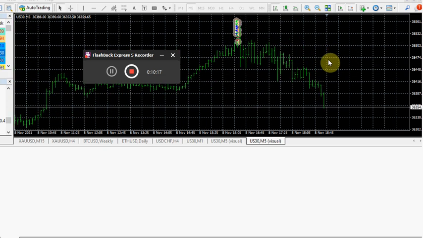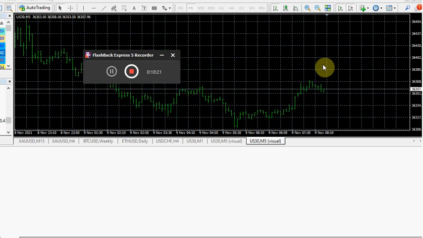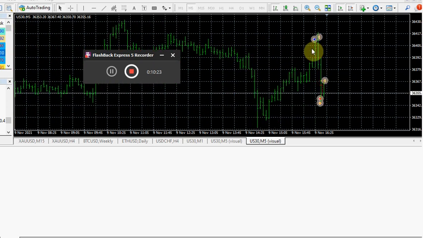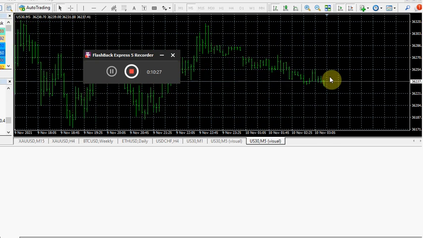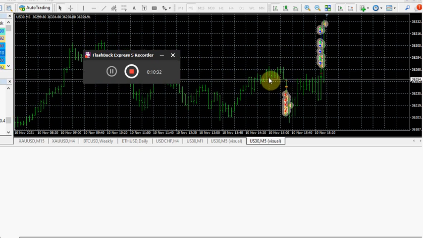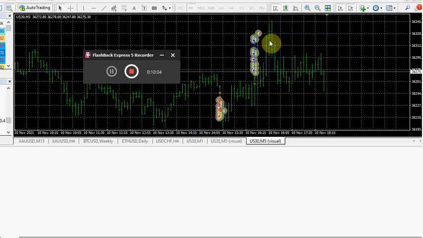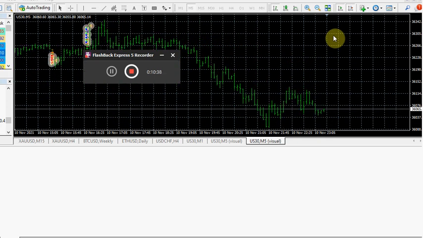Unbelievable. In fact, I need to know what the rules are, and need to start looking for trades according to your rules. I've never seen an EA do this, to be honest with you. I've never seen an EA work as correctly as this one. Downtrend, boom, uptrend, boom. Bloody amazing.